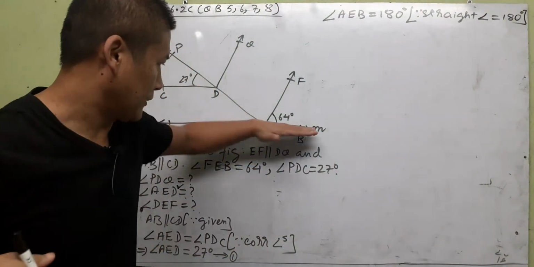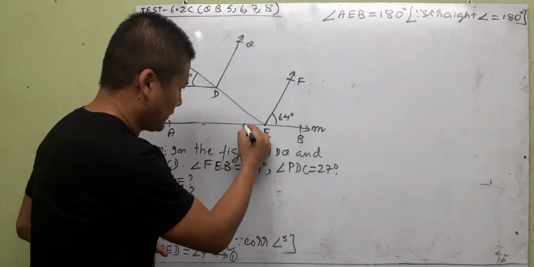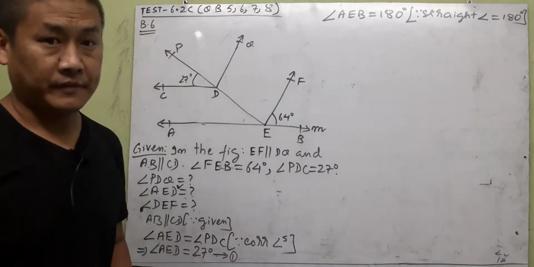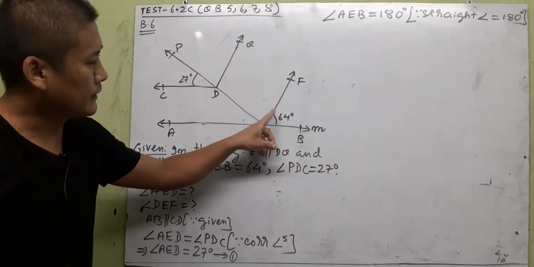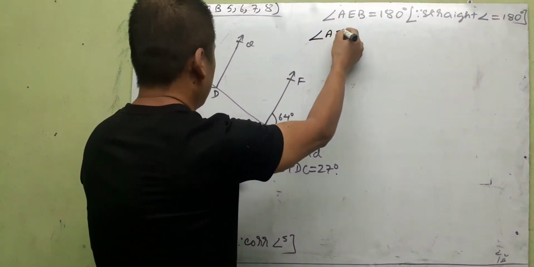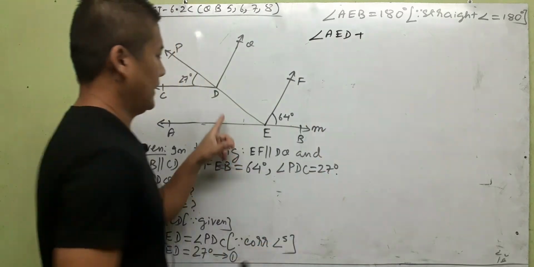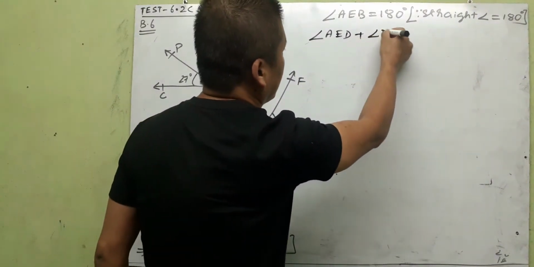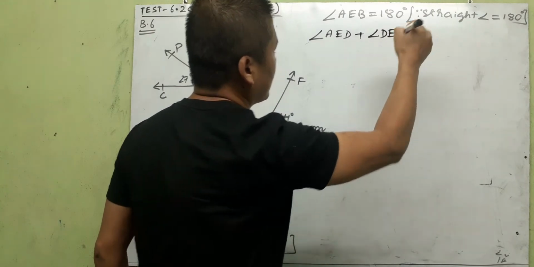This angle AEB, from here to here, is composed of three smaller angles inside. So you can write that angle AED plus DEF.